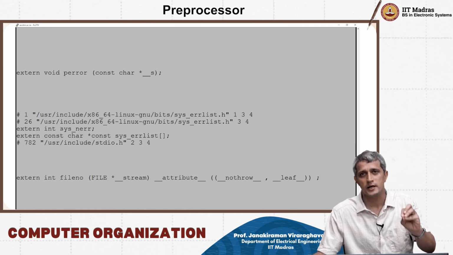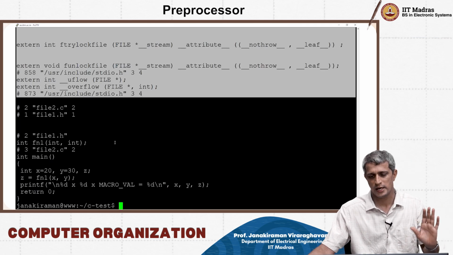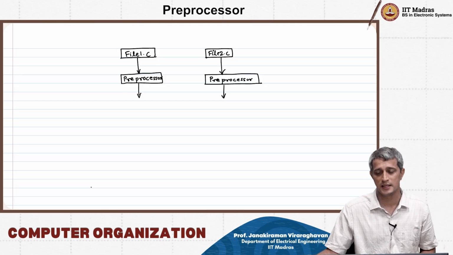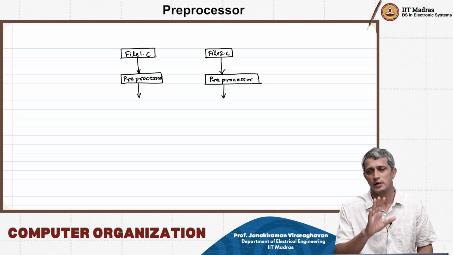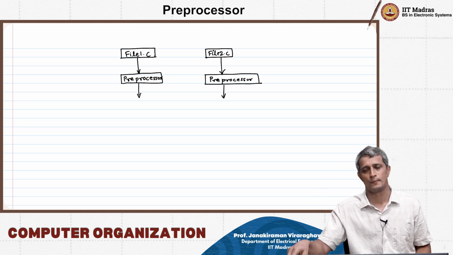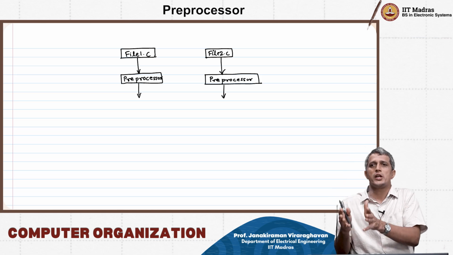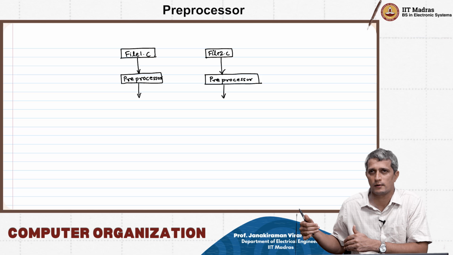So all that content is coming and sitting here. Remember, keep this in mind. That's what the preprocessor step is in this compilation process. Now that output is what is fed to the compiler.